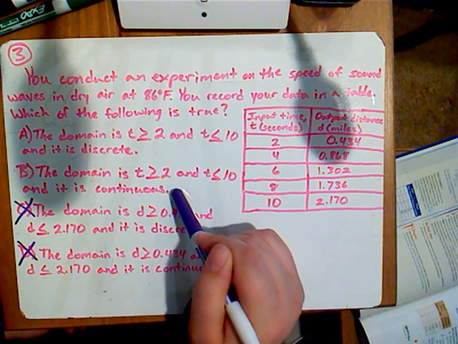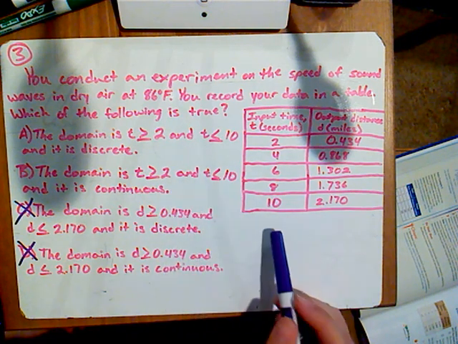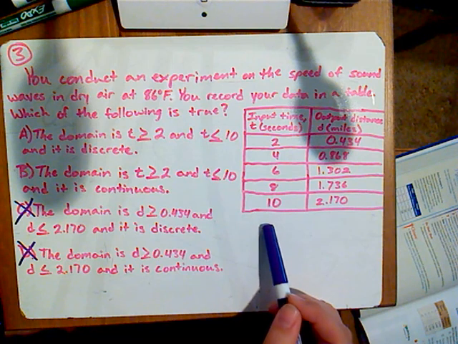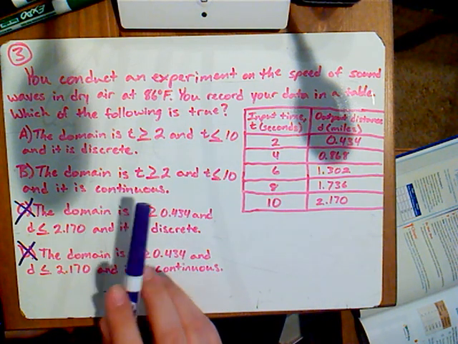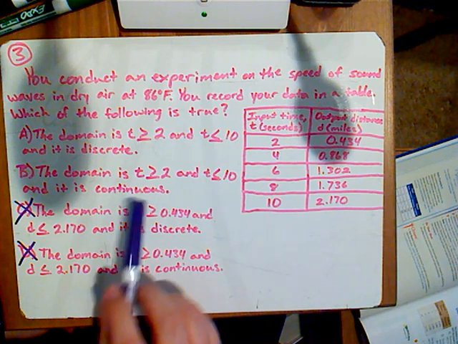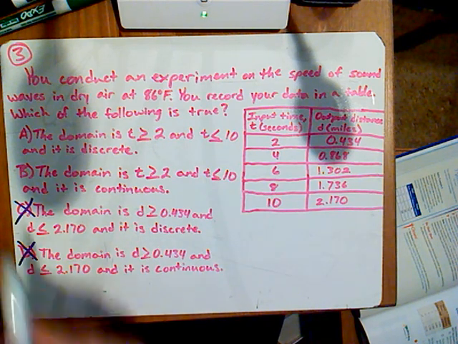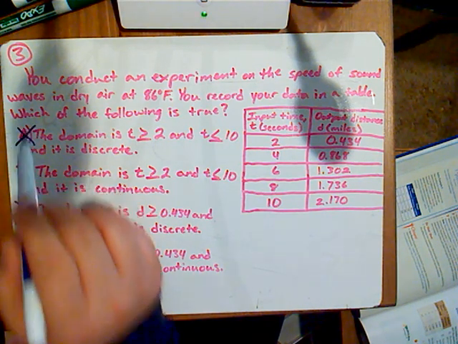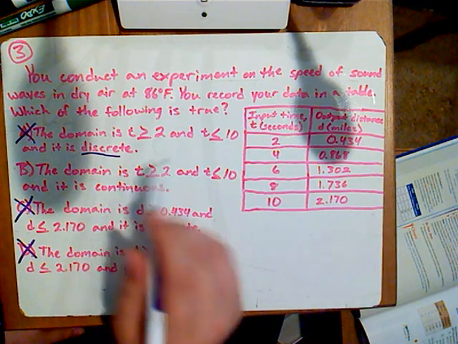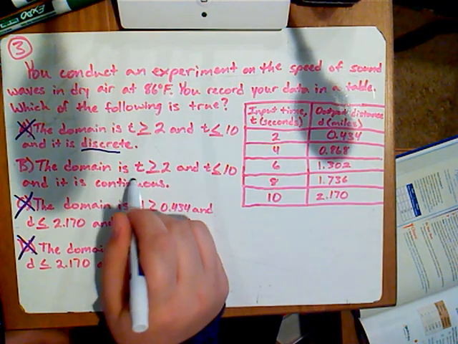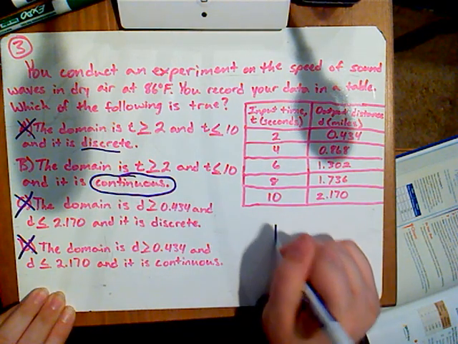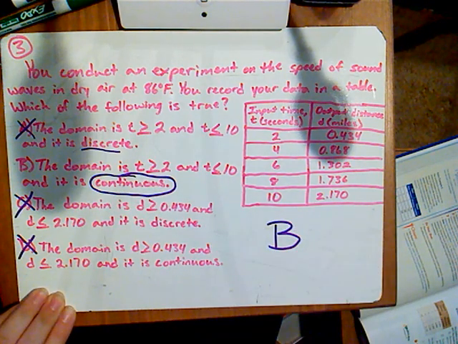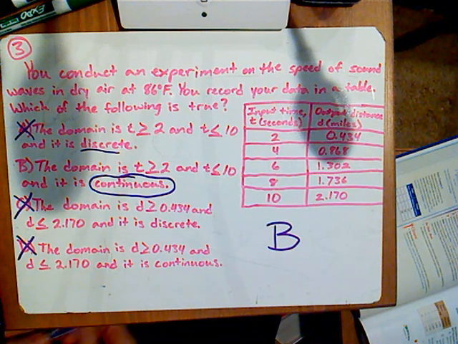Continuous would be all numbers in an interval. And when we're talking about time, we're going to be talking about all numbers in an interval. And so A cannot be the answer because it's talking about discrete. With time, it would be continuous. So our answer is B. B is the true statement in those. Okay?